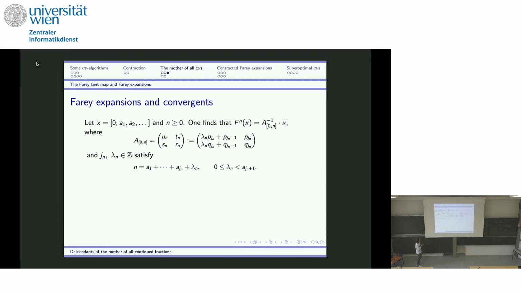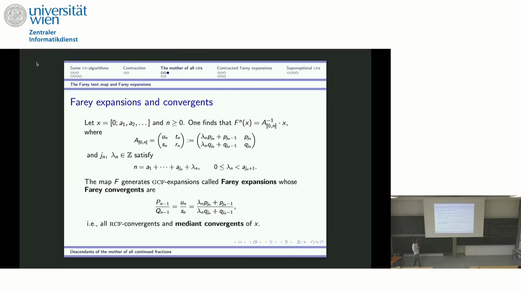These are coming from the following relation. So again, we fixed some x with regular continued fraction expansion. We fixed some n, and the lambda n and j n come from taking as many of the regular continued fraction digits as you can, add up as many as you can, plus some remainder to equal n. Okay? So that's this lambda n and j n, this expression.